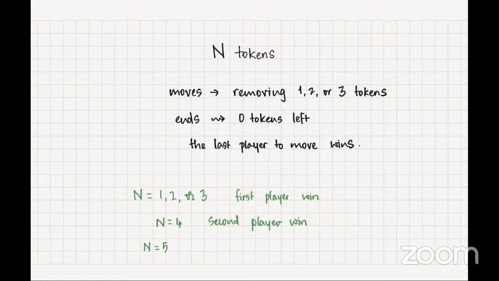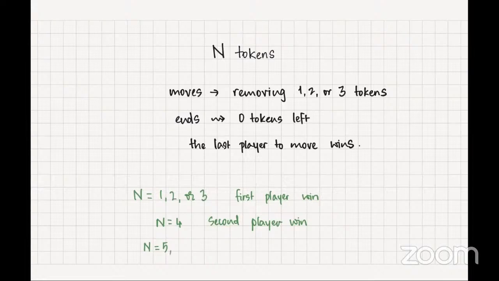How many tokens would they want to remove, you think? Clearly, you don't want to remove 2 or more tokens, because then you're throwing the game away. And we don't do that sort of match fixing here. So your best bet is to remove just 1 token, as has been pointed out. And so that's going to be a first player win.